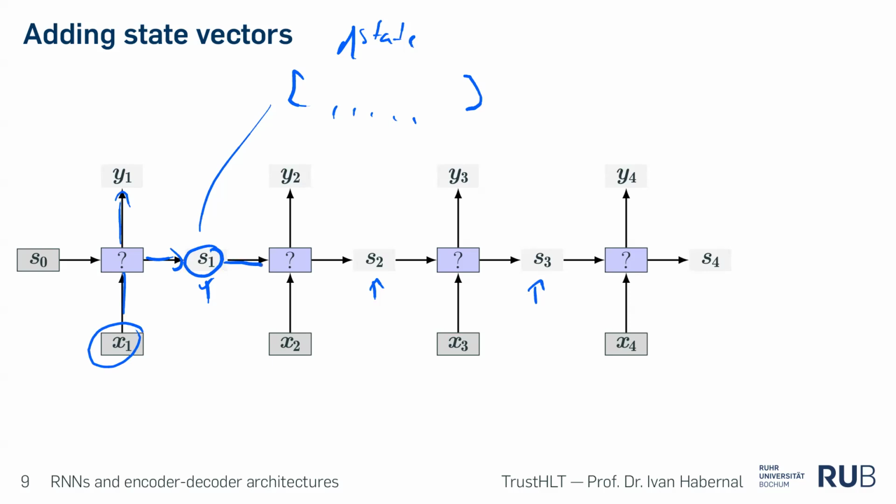And this is passed to the next one, which takes another input. And the state somehow remembers the whole history. That's the point. You're passing the whole history, you pack it into the state vector and pass it from one stage to another. Okay? Any questions? Does it make sense? Okay. Could you implement it?